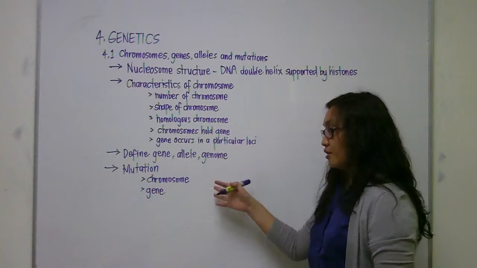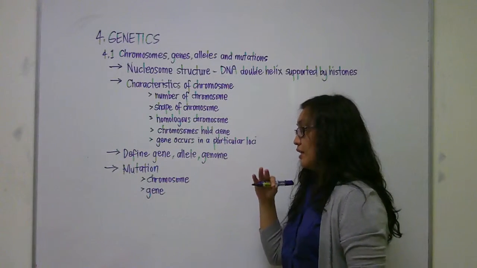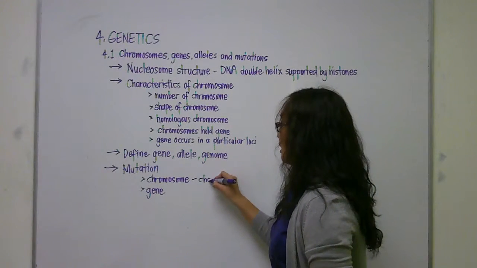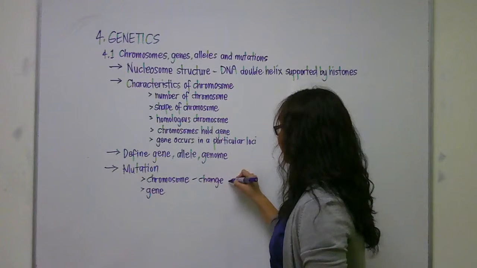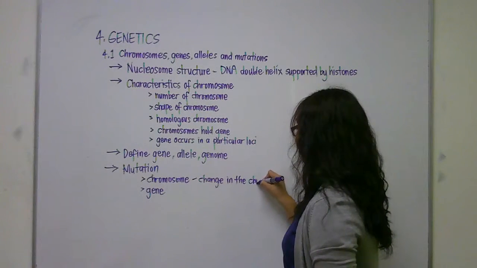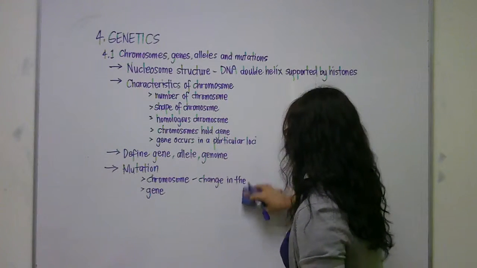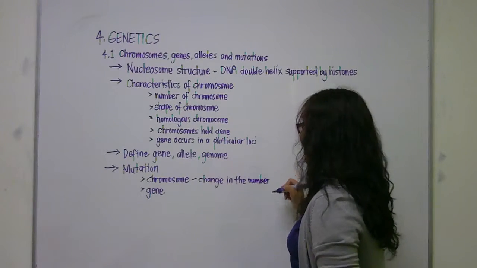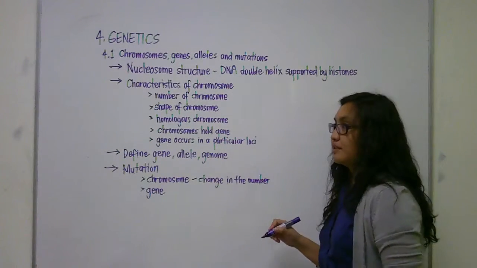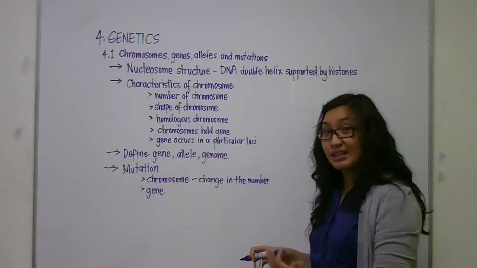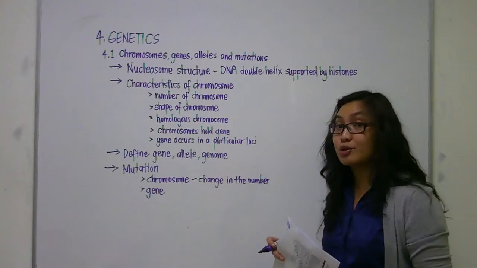In the case of chromosome mutation, it is a change in the number of chromosomes. For example, if humans have 46 chromosomes, then anything that is less or more than 46 is considered a chromosome mutation.